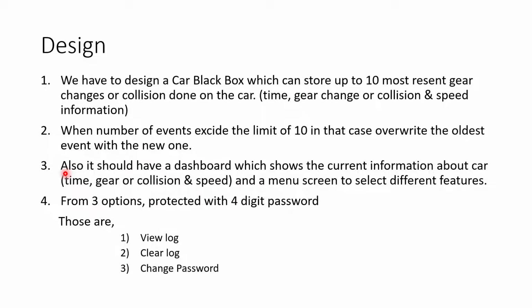Now let's see the third point. Also, it should have a dashboard which shows the current information about the car: time, gear or collision and speed. So the information that we have to store, we also have to display in real time on the dashboard.